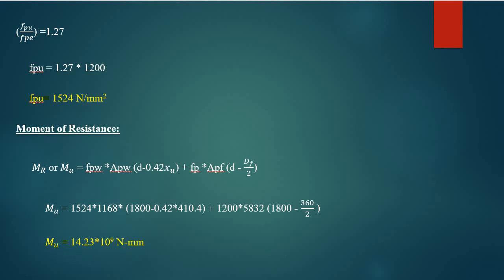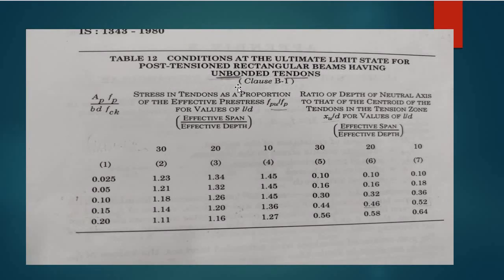This is how the calculation is done for unbonded tendons by referring to table 12. The important thing to remember is that when we are finding the ratio FPU by FPE, we should refer to the second, third and fourth columns.